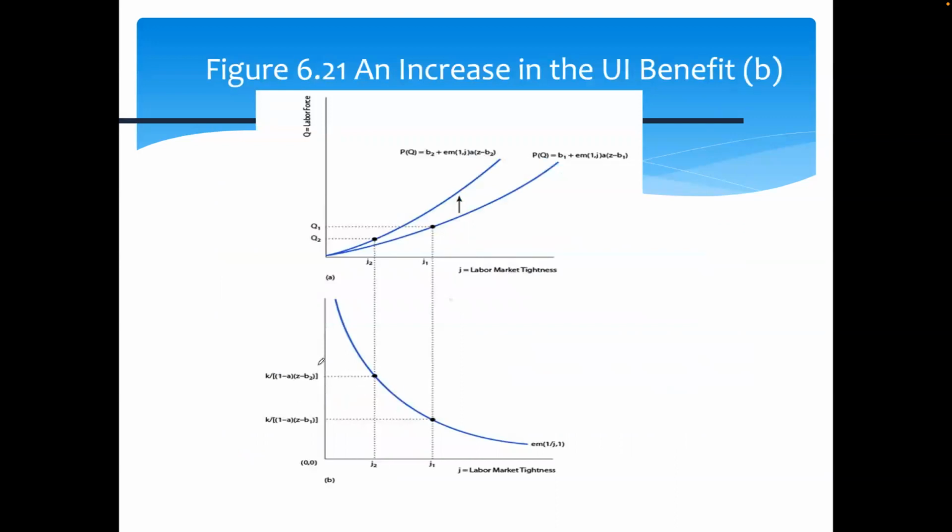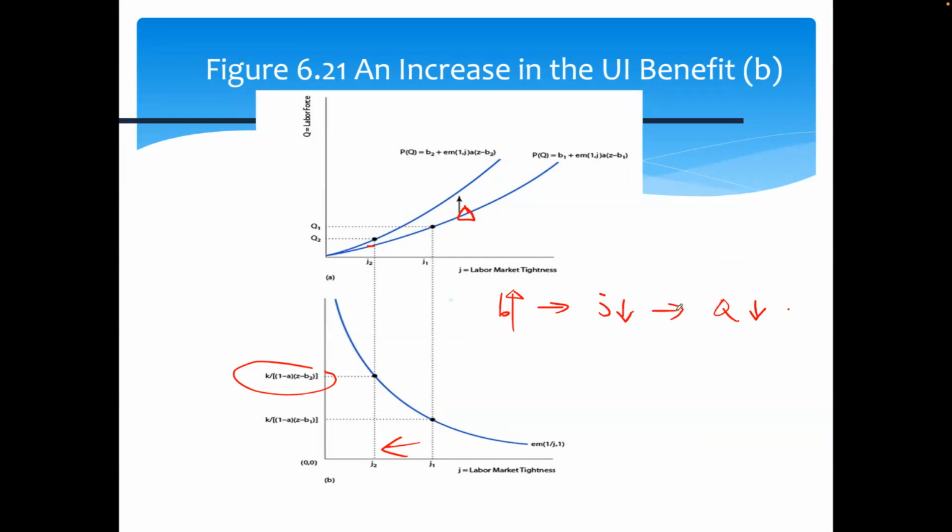That immediately means the firm is going to extract less surplus from a potential match, and so clearly they are going to have lower incentive to offer job openings. The labor market tightness is going to decrease. Now J decreases. If we just stay with the same things here, that means you're going to have a lower Q. So B increase leads to J decrease, leads to Q decrease.